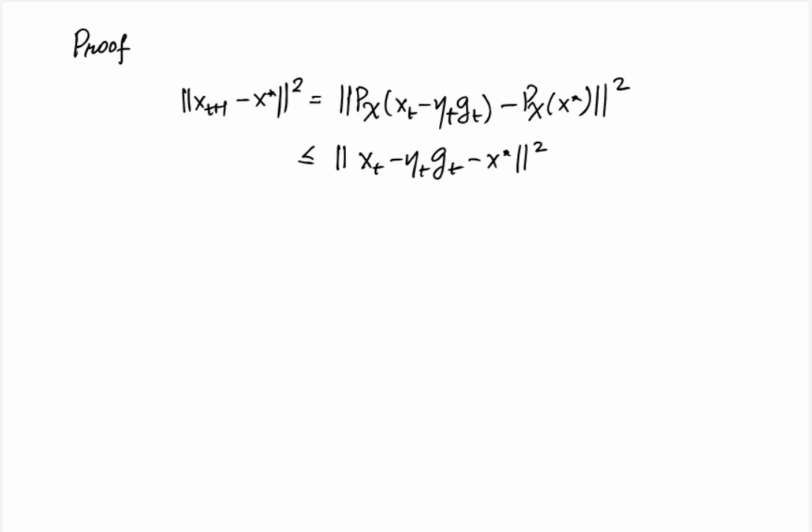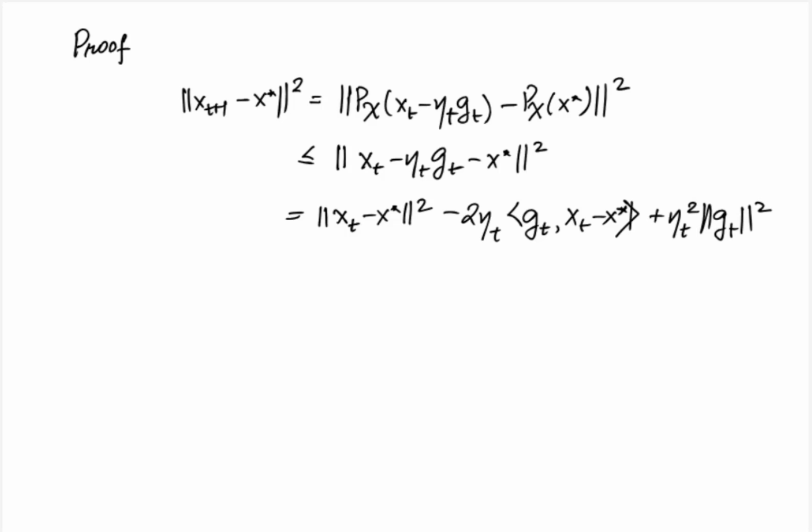It remains to expand this and use the definition of g t as earlier, so as to obtain that norm square of x t plus 1 minus x star is less than or equal to norm square of x t minus x star minus 2 eta t inner product of x t minus x star comma g t plus eta t square norm square of g t, which is less than or equal to, from the convexity condition, norm square of x t minus x star minus 2 eta t times f of x t minus f of x star plus eta t square norm square of g t.